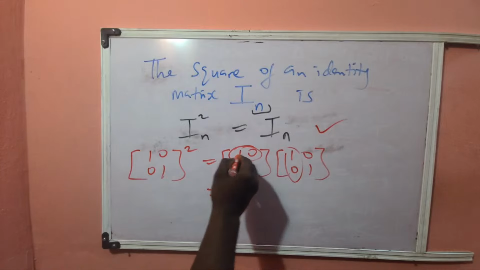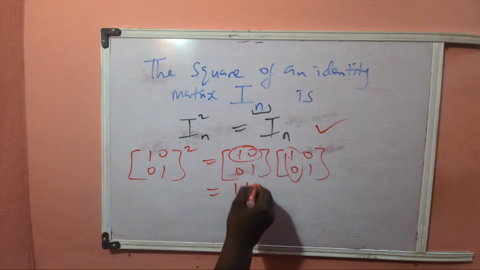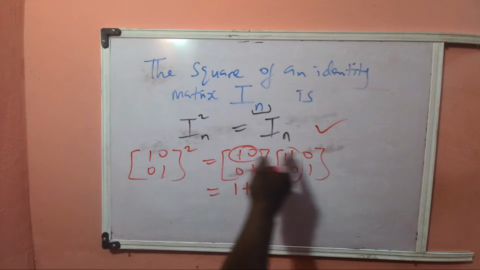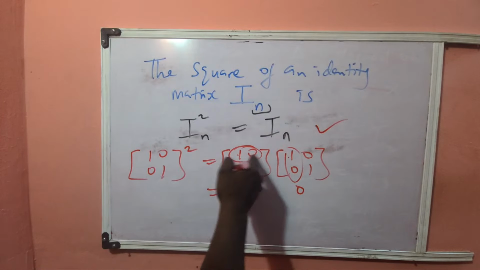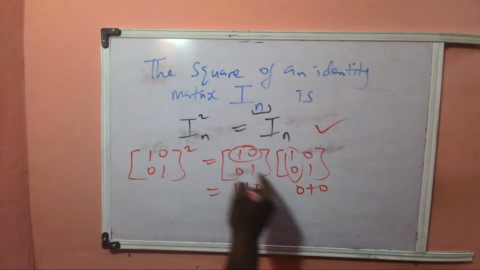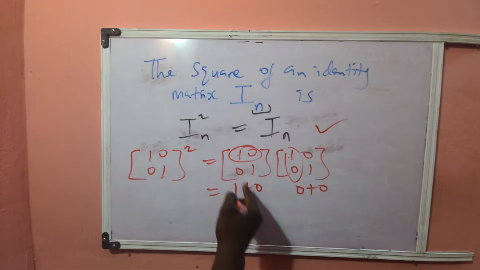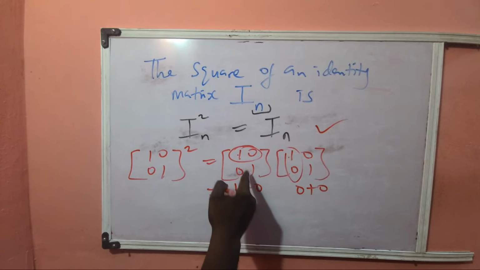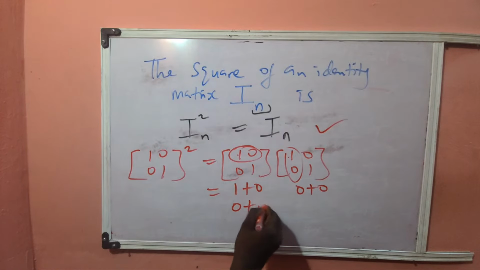So what we'll be having is 1 times 1, that'll be 1, plus 0 times 0, that'll be 0. For the next one, we have 1 times 0, 0, plus 0 times 0, 0. For this one here, we have 0 times 1, 0, plus 1 times 0, 0.